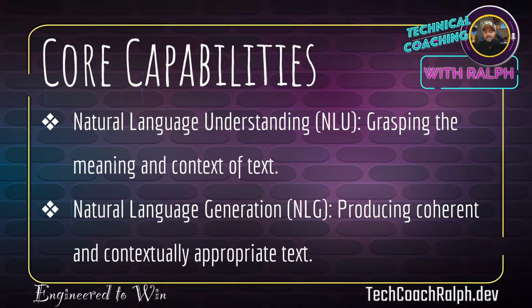The core capabilities of large language models: we have natural language understanding, NLU, grasping the meaning and context of text, right? Then we have natural language generation, NLG, producing coherent and contextually appropriate text.